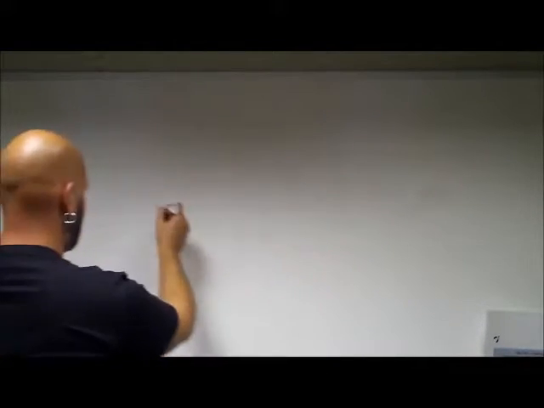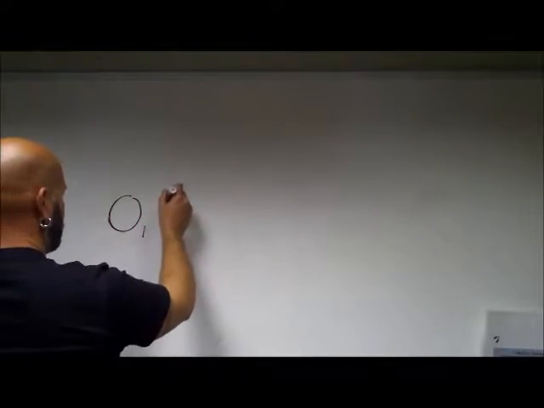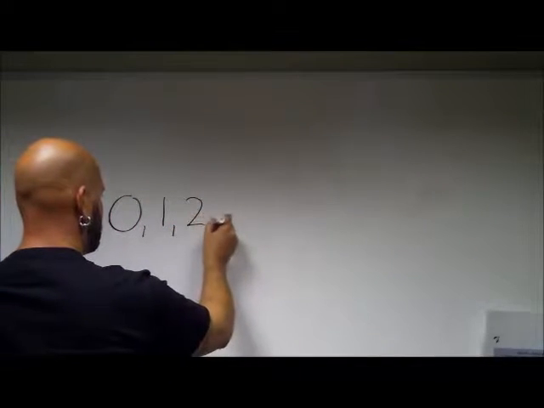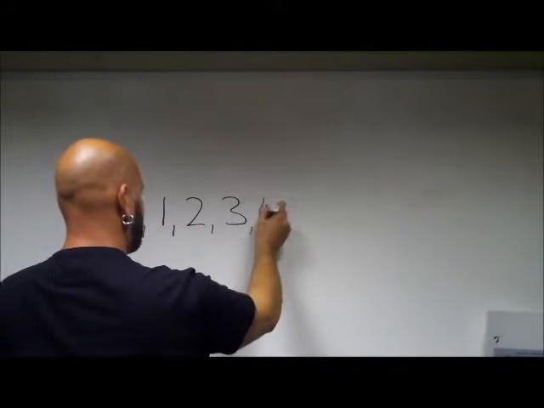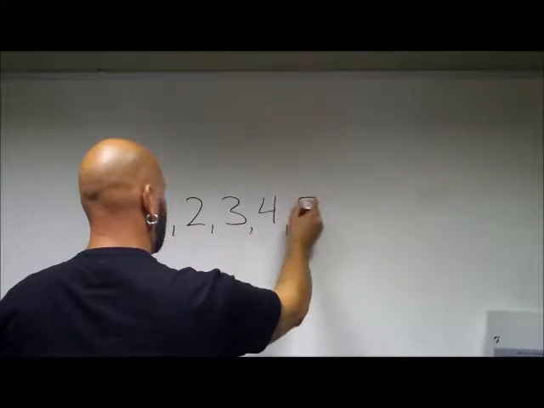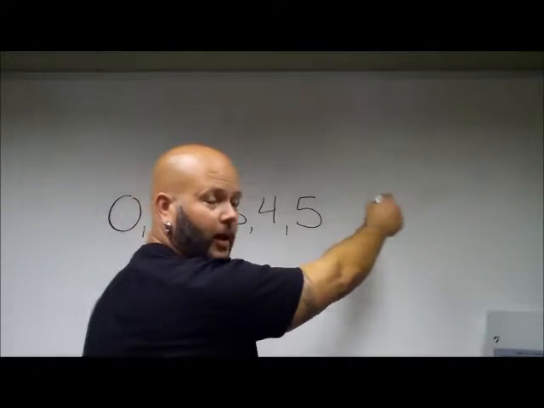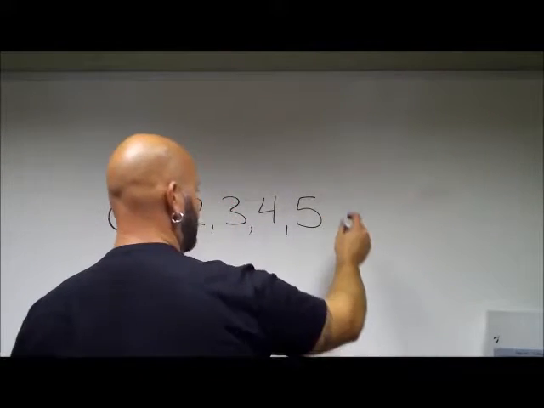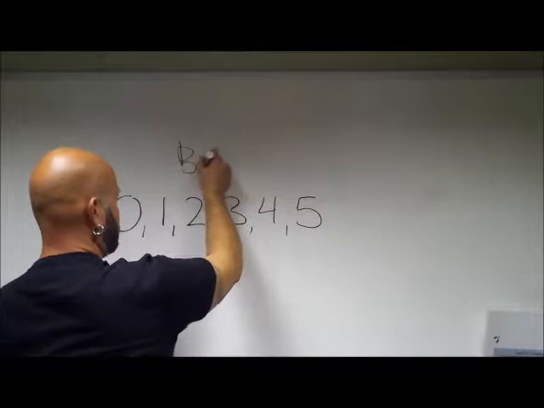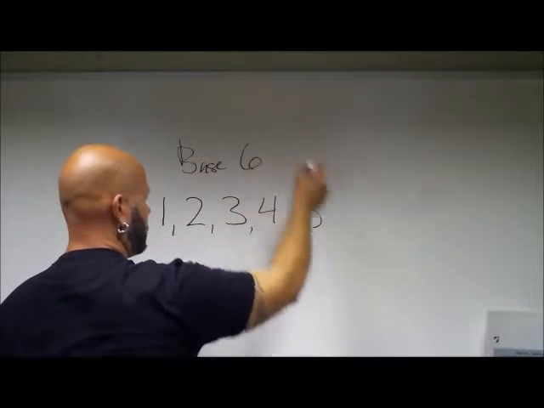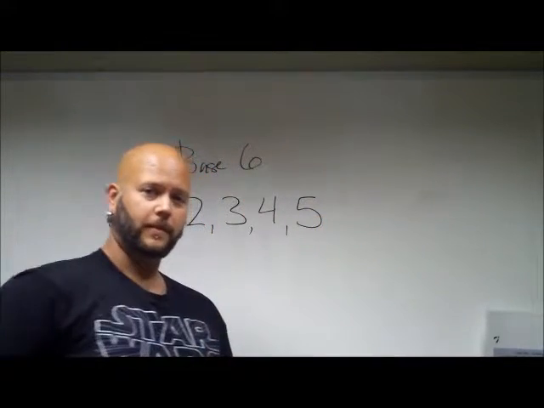So in base 6, we use 6 digits: 0, 1, 2, 3, 4, and 5. Just like in base 10, I didn't write a 10 over here, in base 6, I don't write the number 6.